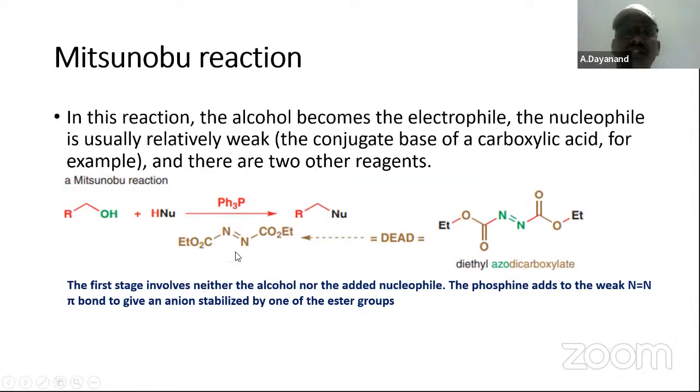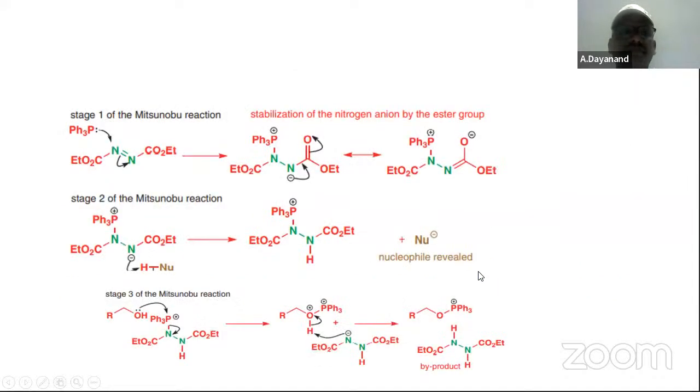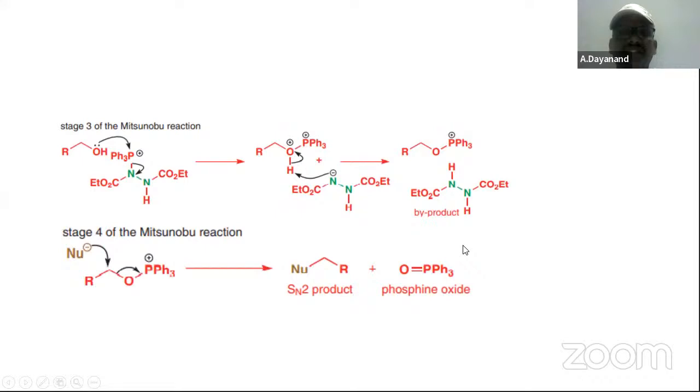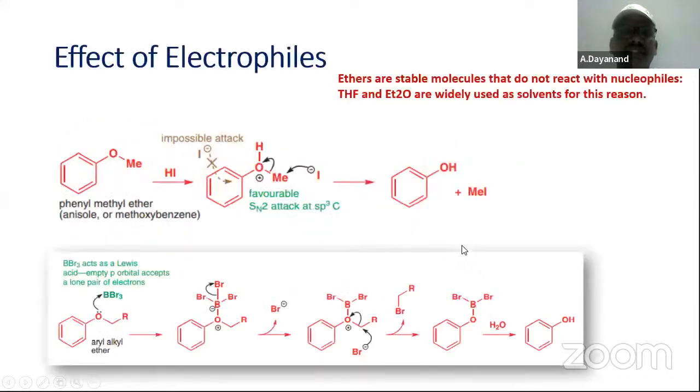Okay, and there are two other reagents like azo compounds, diethyl azo dicarboxylate. Okay, diethyl azo dicarboxylate is also one of the compounds that is used here. This is about the mechanism. I think it is not useful for you. You can go through them whenever I share this PPT also.